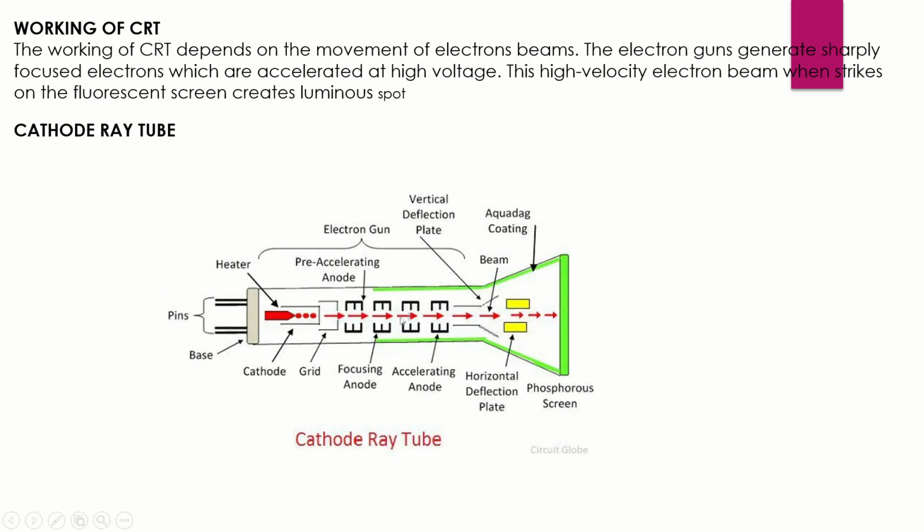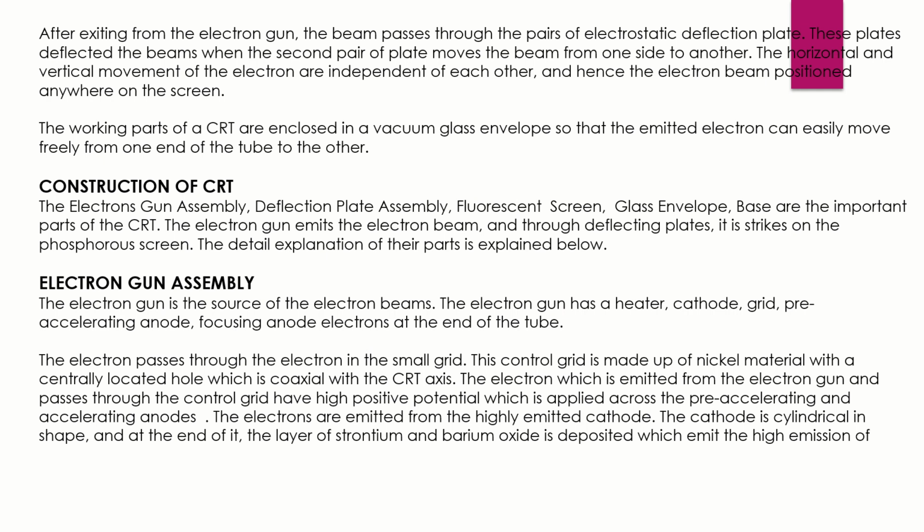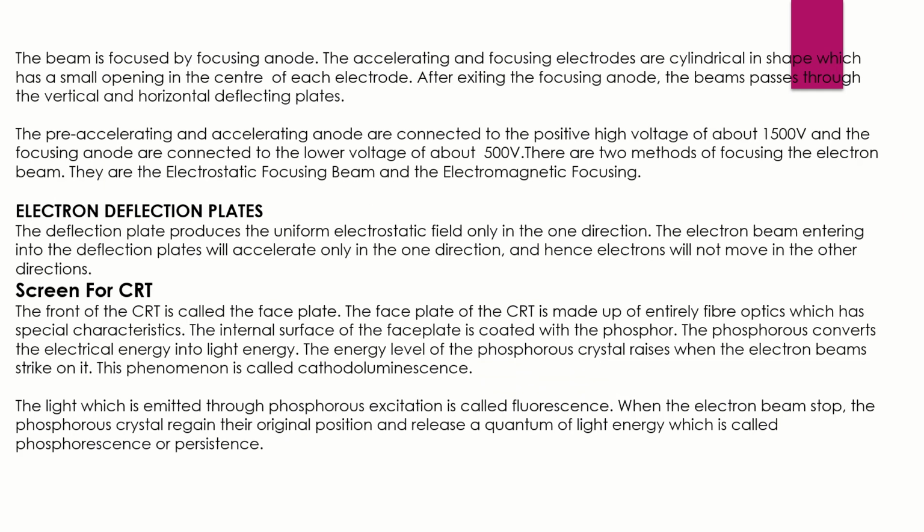This is the focusing anode, and after exiting from the anodes, that is the electron gun, it is further sent to the vertical deflection plate and horizontal deflection plate. The accelerating anode is connected to a positive high voltage, that is 1500 volts, and the focusing anode is connected to a lower voltage, about 500 volts.